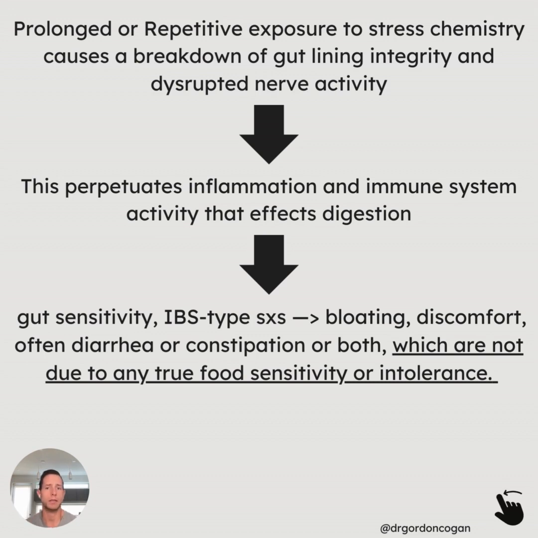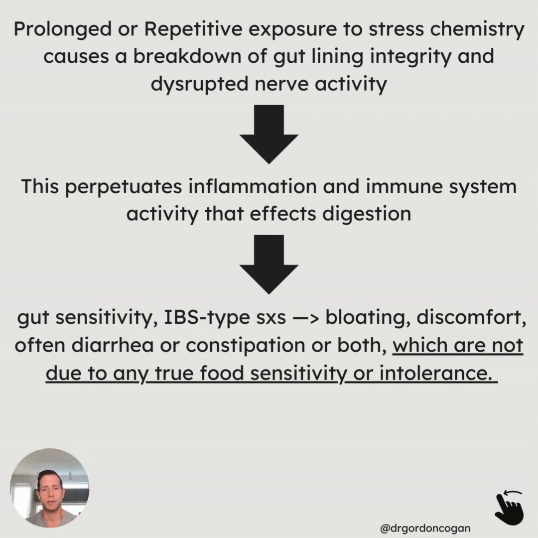We get caught up in this physiological loop, and for some people, it's difficult to break that pattern, break that loop. And what happens? We can manifest symptoms that feel like all of a sudden we're sensitive to certain foods. We're having bloating, discomfort, diarrhea, constipation, or both, which clinically, depending on the constellation of symptoms, you could possibly be diagnosed with a functional disorder like IBS.